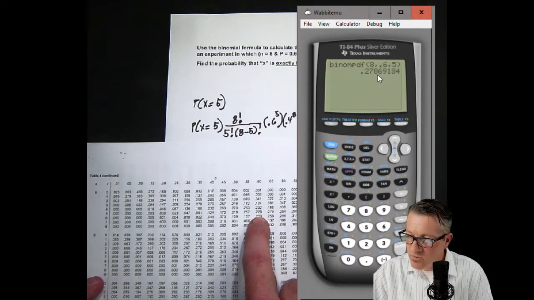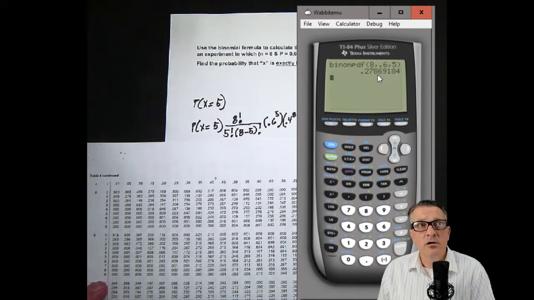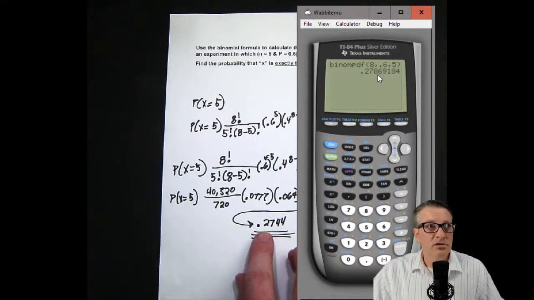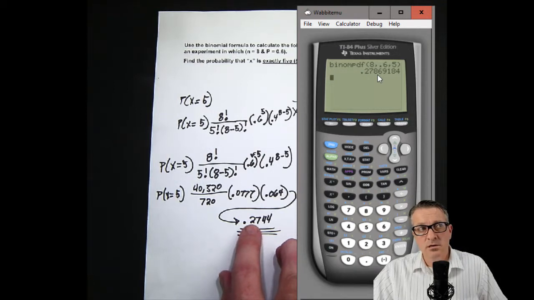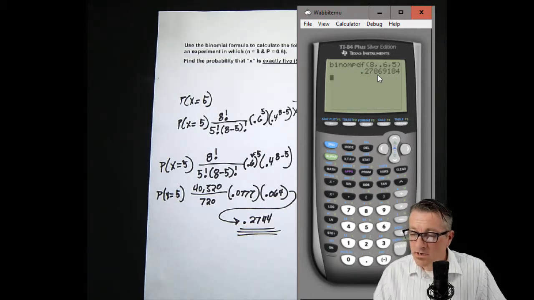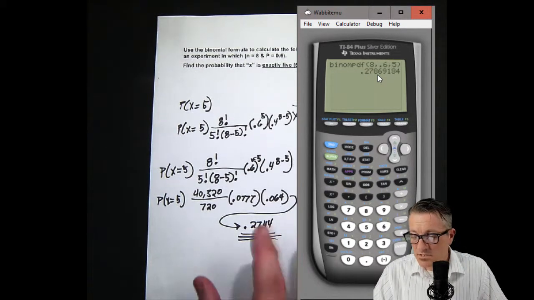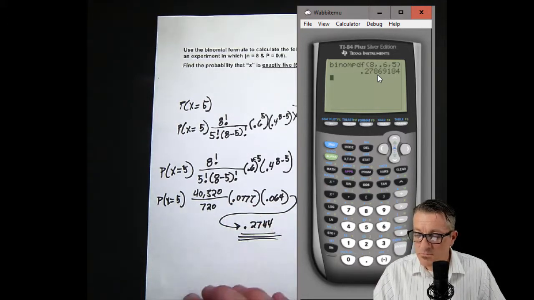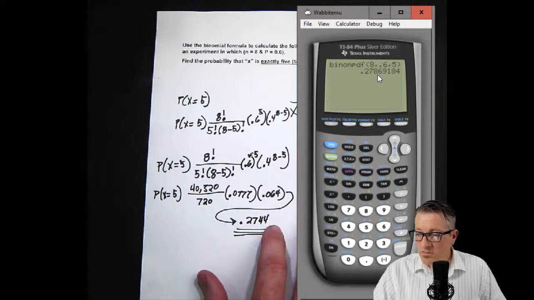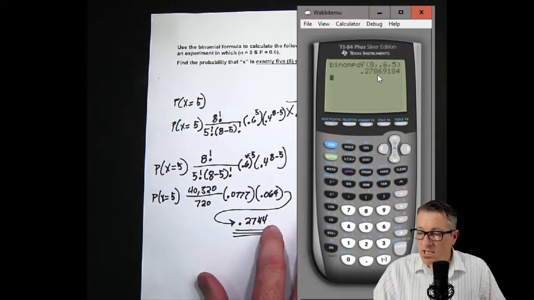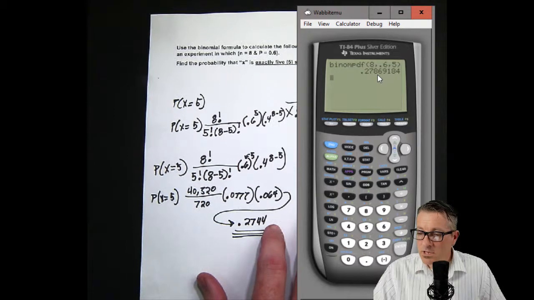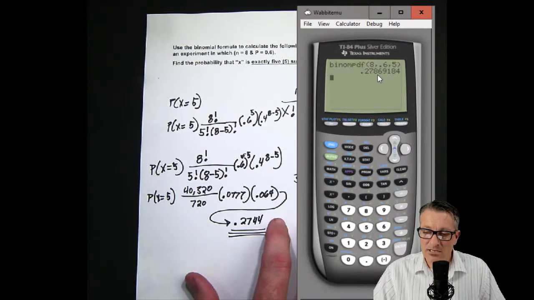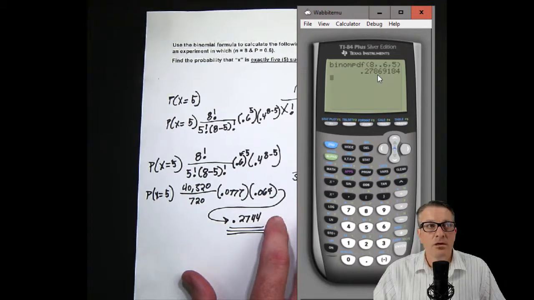On the calculator, 0.278, and then when we do the calculation ourselves, we get 0.2744, and that just has to do sometimes with how far you go out with decimal points. So I just reviewed the basics of doing a binomial calculation with just trying to find an exact value such as 5. Thank you.